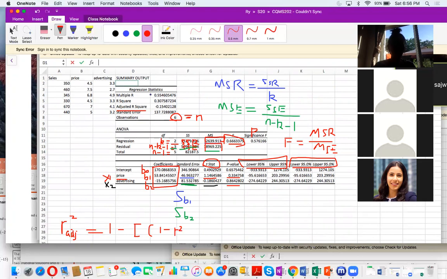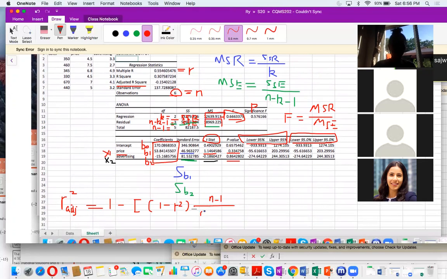This capital R is the same as R, the linear correlation coefficient. Then multiply by sample size minus 1, divided by sample size minus number of independent variables K minus 1. Okay. This is the formula for adjusted R squared.